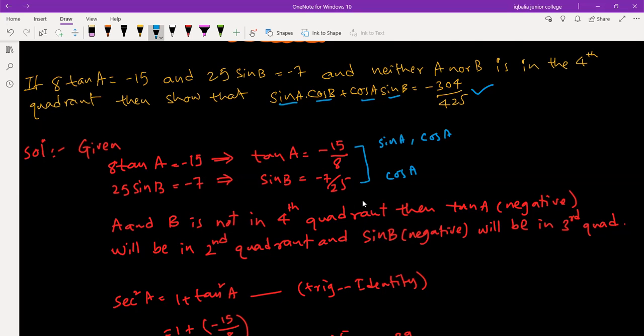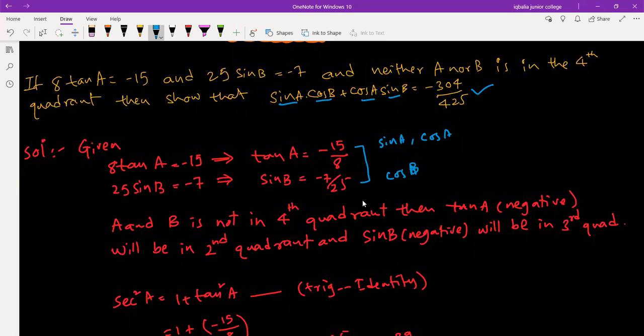Understood boys? This is our target to find. Sorry, this will be cos B. So once we know sin A, cos B and cos A, sin B, then we are able to find this.